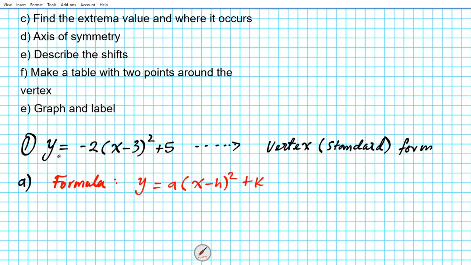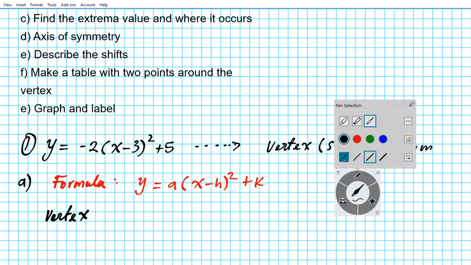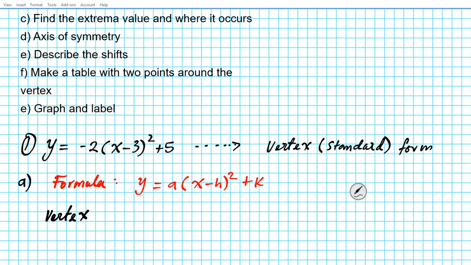We already have this equation in this format, so we don't have to do much work. The vertex is the hk value. The hk value here is going to be 3, 5.